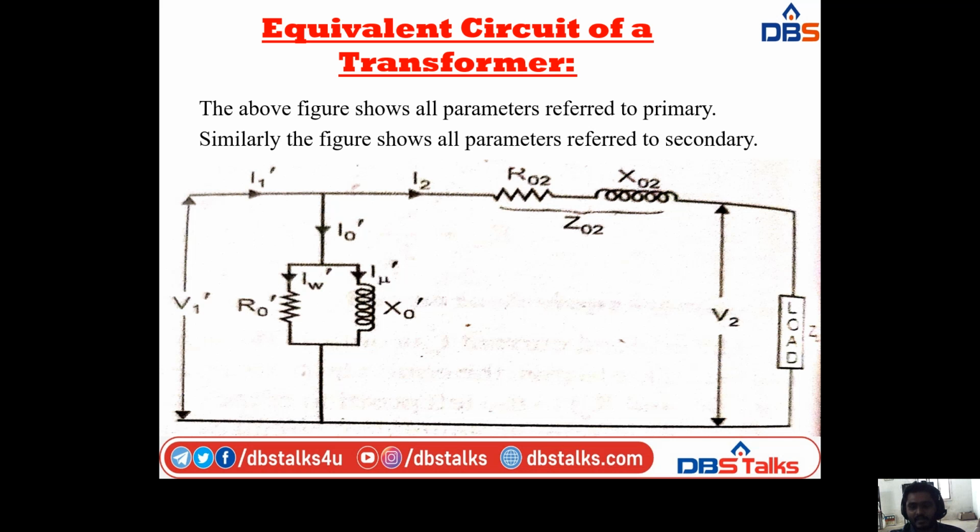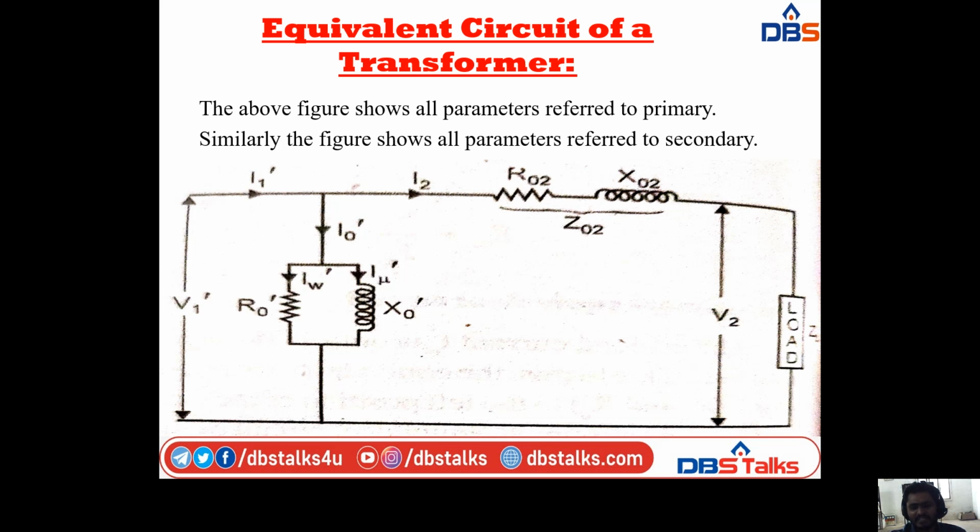So previously, in that diagram we referred all the secondary parameters to the primary, and in this one I am referring all the parameters to the secondary. So the diagram is like this. So here we have R02, X02.